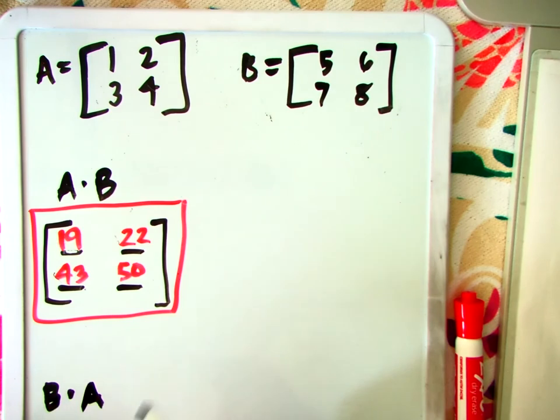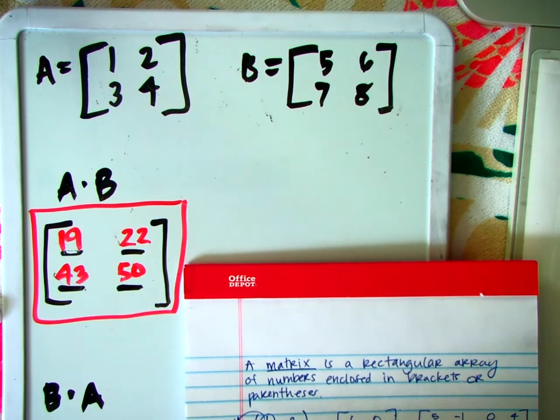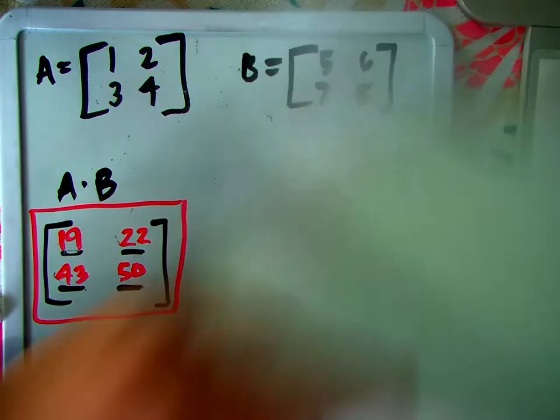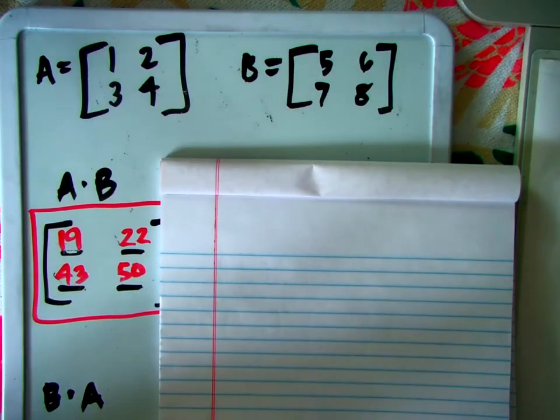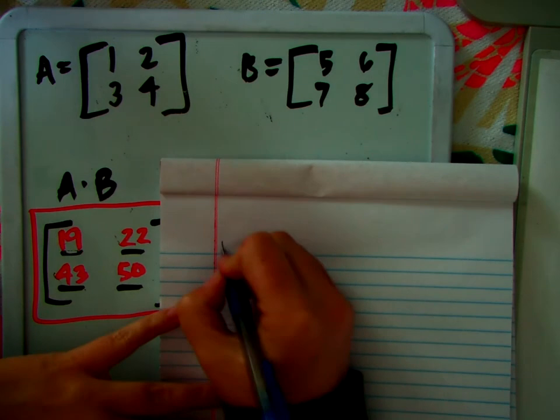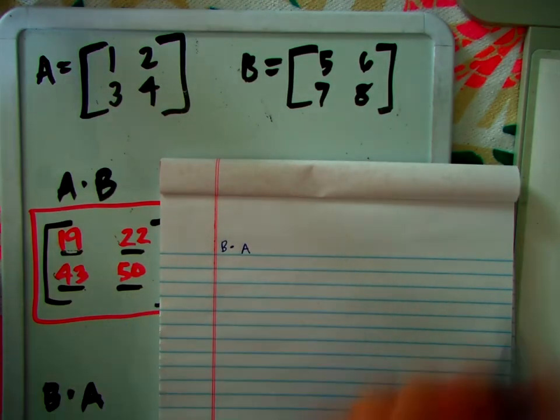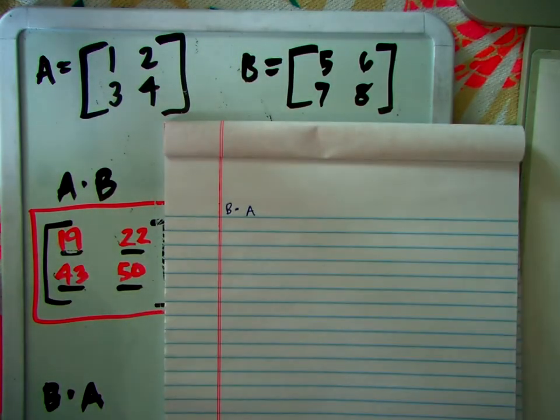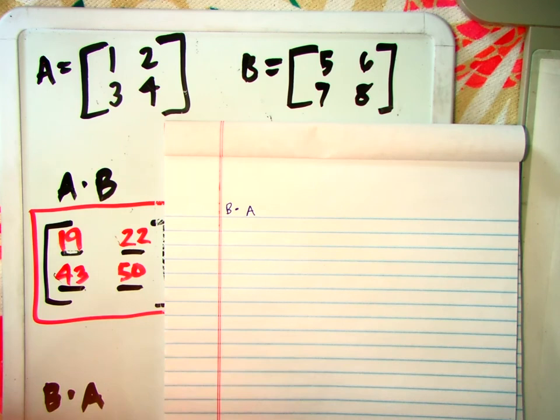So B times A, I'm just going to do it on a piece of paper since we have limited space here. All right, so matrix B times matrix A. So again, always check to make sure that you are allowed to do the multiplication.